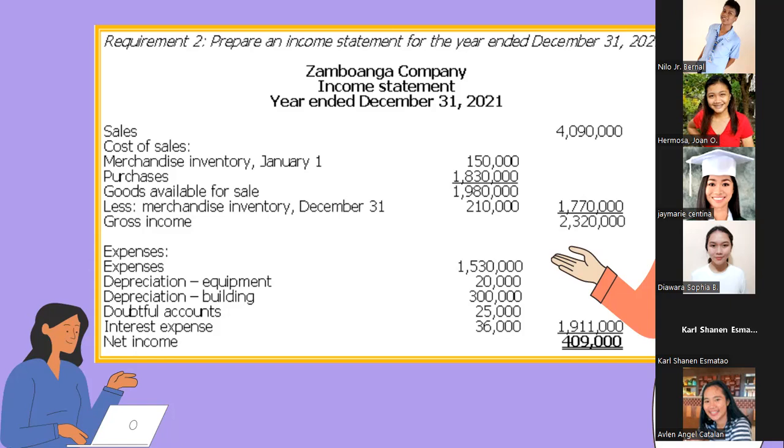You are given the trial balance on December 31, 2021, but the fixed asset was acquired in 2020. What indicates or is your hint that depreciation was not recorded?